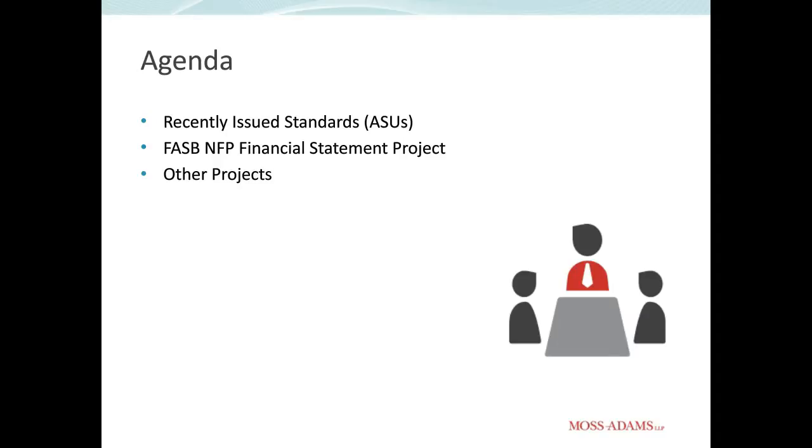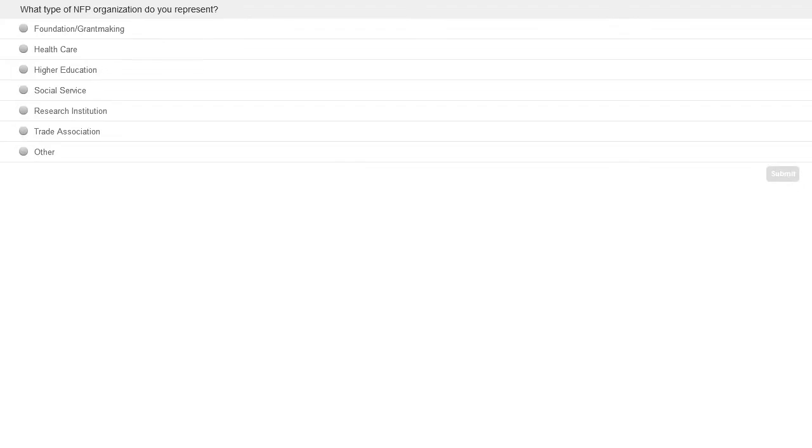So hopefully you will find this helpful as you start to prepare for some of these new standards that are coming. We do have, as you know, a couple of polling questions here. This is part of ensuring that you do get CPE and also gives us a little bit of information here with our first question, which is what type of not-for-profit organization do you represent?